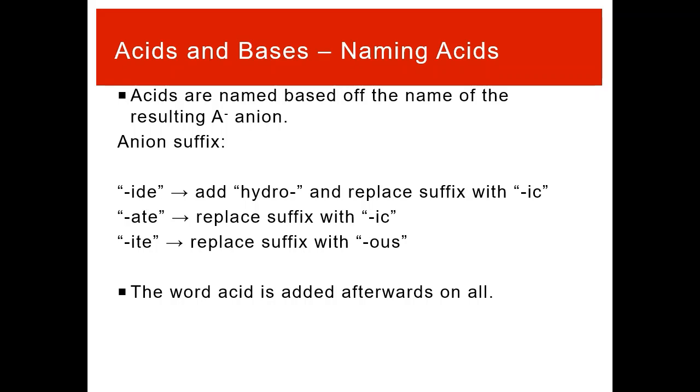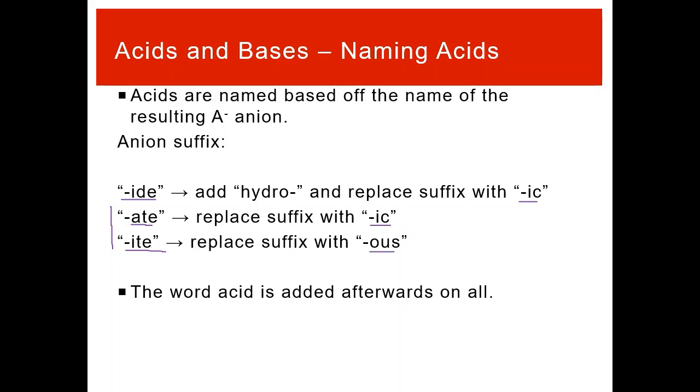If you remember, we said that ions that are monatomic usually end in IDE, while ATE and ITE indicate polyatomics. Based on that, if we have IDE, we use hydro in front of the name, and we replace that IDE suffix with ic. If we have ATE as the suffix on the polyatomic ion, we take that off and just add ic. If we have ITE, we replace the suffix and add ous. And then we add acid at the end.